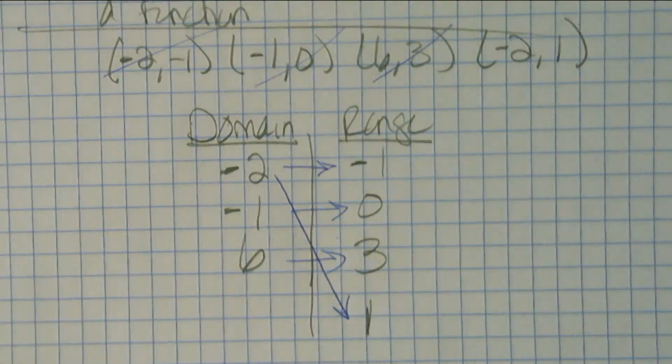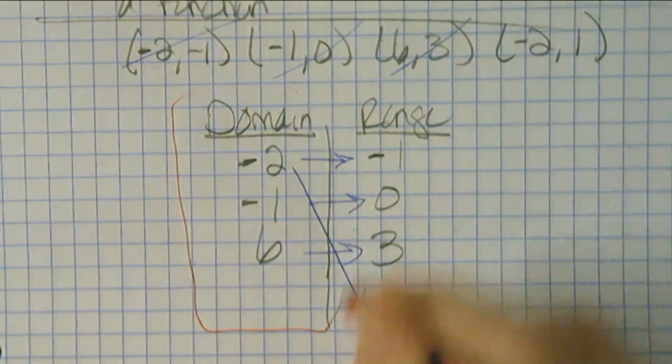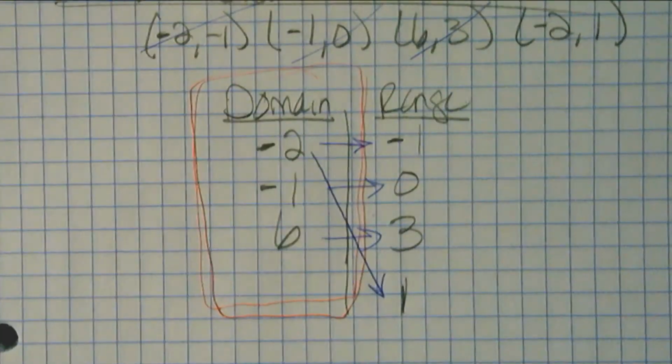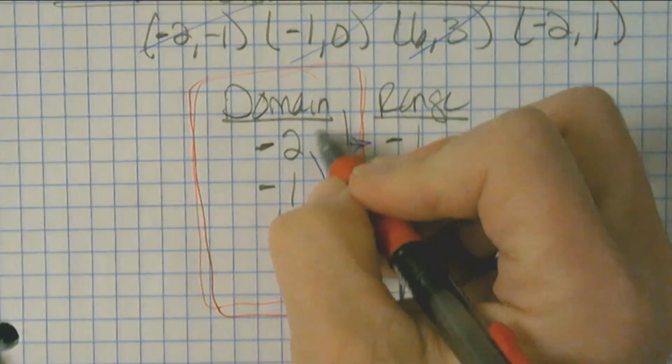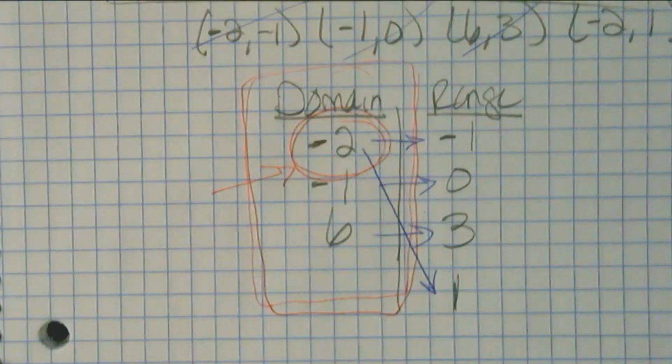So now I need to look at my domain. Are any of my domain values with more than one arrow coming out of them? Yeah, this one right here. We have more than one arrow coming out of it. So is this a function or not a function?